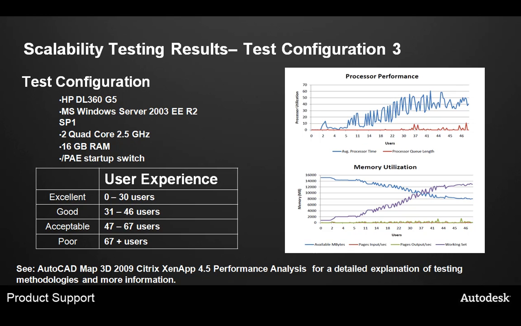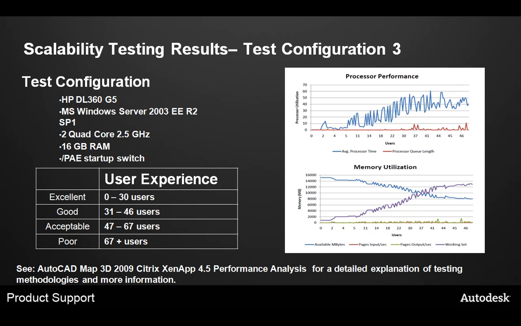A much more detailed configuration is included in the AutoCAD Map 3D 2009 Citrix XenApp 4.5 performance analysis. This test configuration included a computer with 2 quad-core processors, 16 gigabytes of RAM, Windows Server 2003 Enterprise Edition, and the use of the PAE switch.